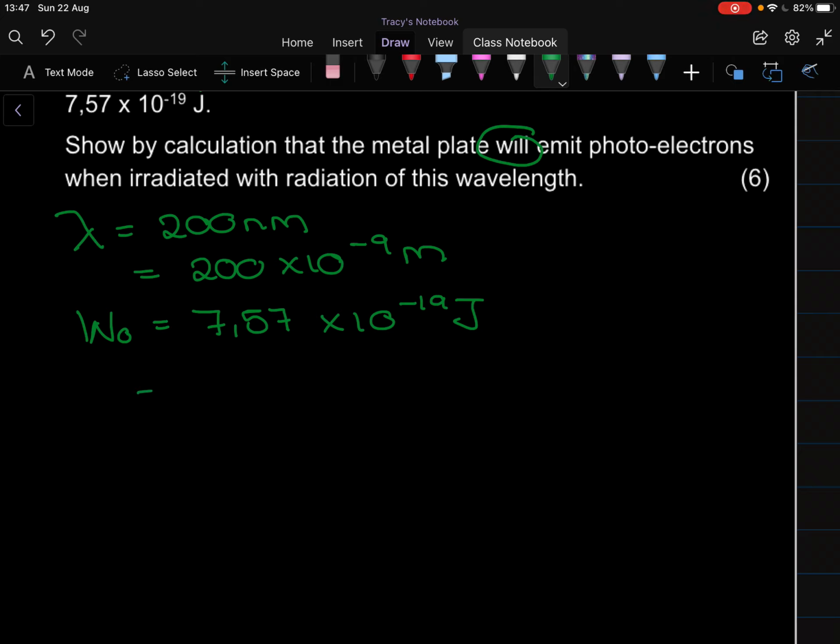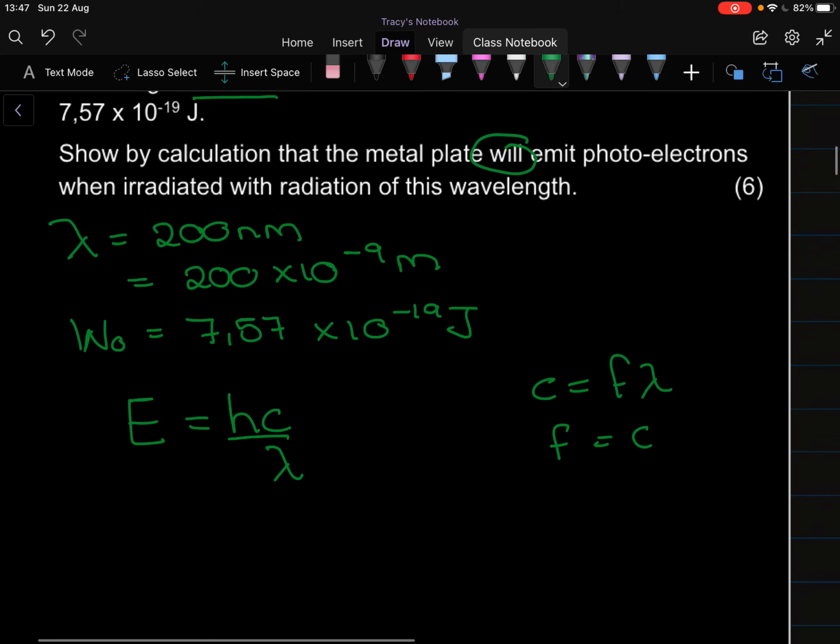electrons emitted. So if we go E equals hc over lambda, okay, remember c equals f lambda, so f equals c over lambda, and E equals hf, okay?